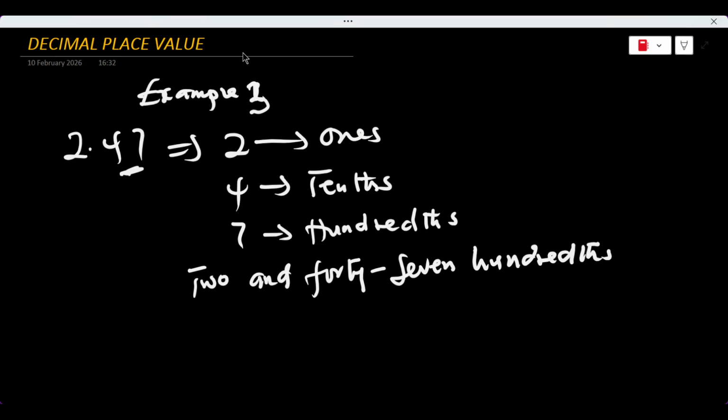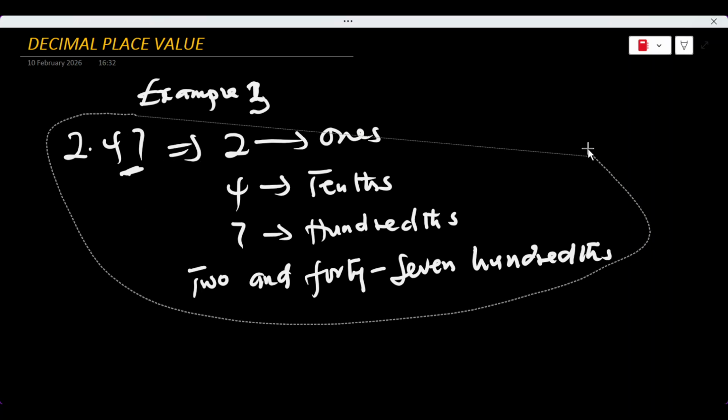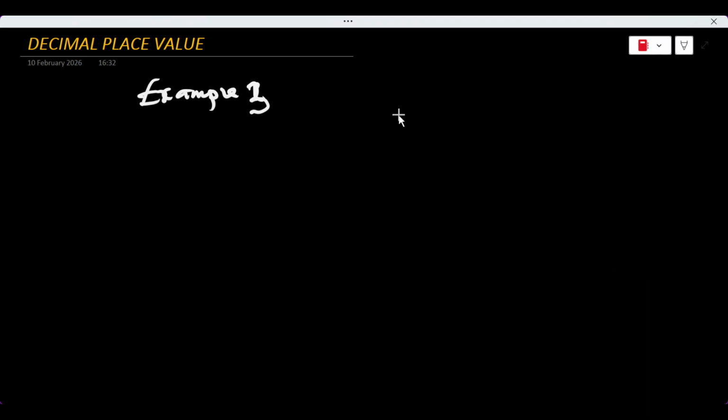Let's look at example number 4. I believe you are following the steps, and the more we move, the harder it becomes. We have 3.756.